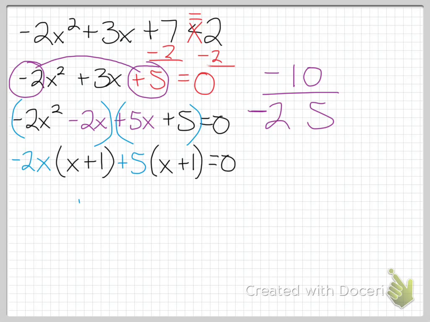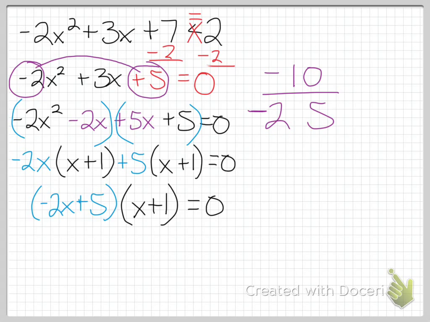So then combining for my two factors, I would have a factor of negative 2x plus 5 times a factor of x plus 1, making that equation still equal to 0. Then, just like I did before, take each of those factors equal to 0. Either one or both of those must be 0 in order to make the entire equation 0.